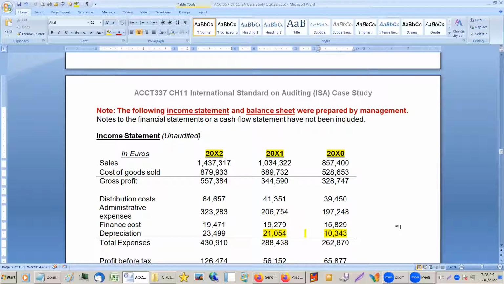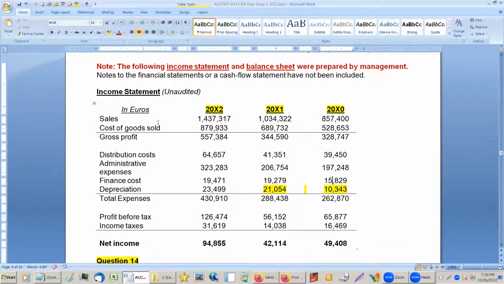There's actually one account that kind of jumps out. Well, actually two. The one that really jumps out is this. I mean, this is crazy growth.